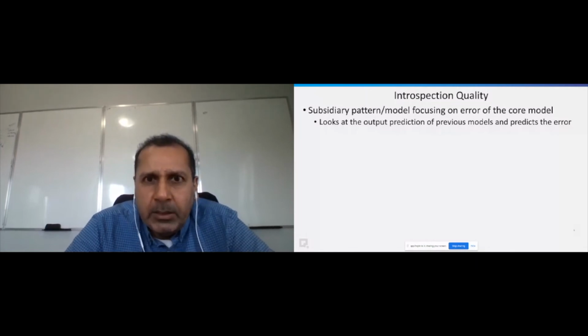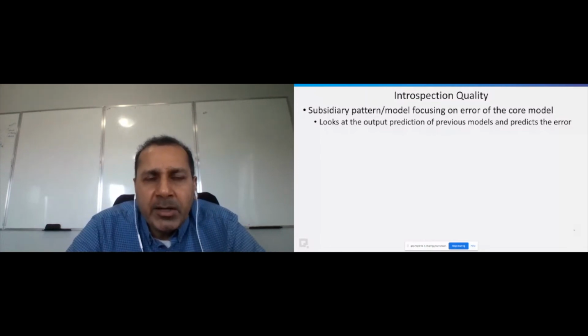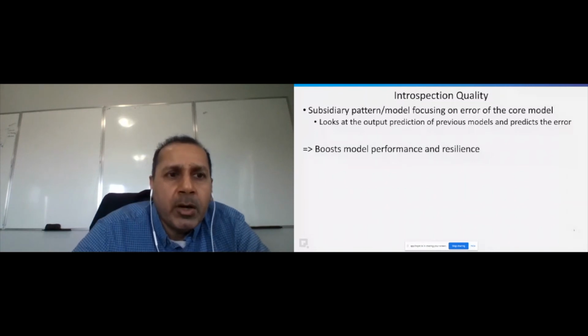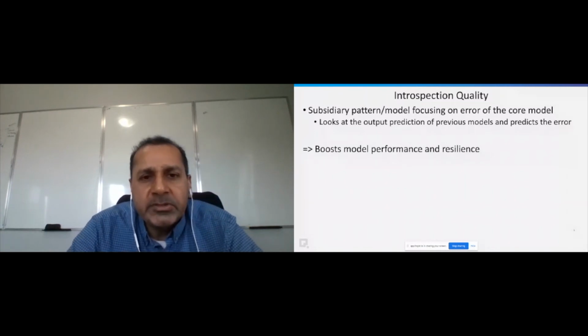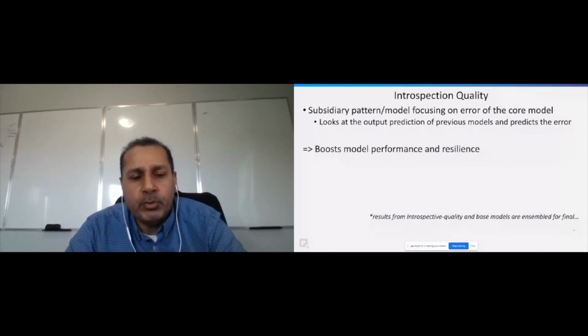The concept is fairly simple, as long as you have a different architecture than your core model's architecture. This produces significantly better results around boosting of the model performance as well as resilience. It assumes that you have a good ensembling approach to do that.